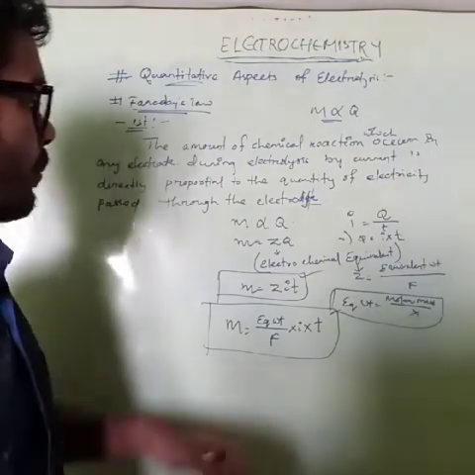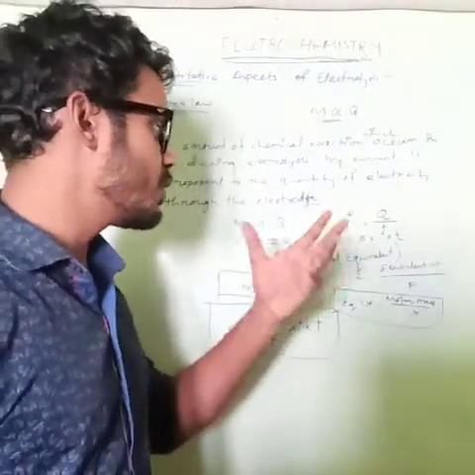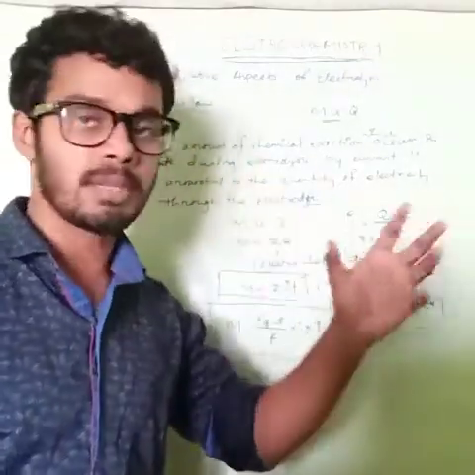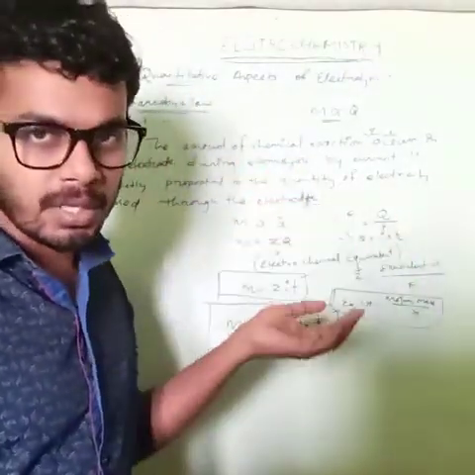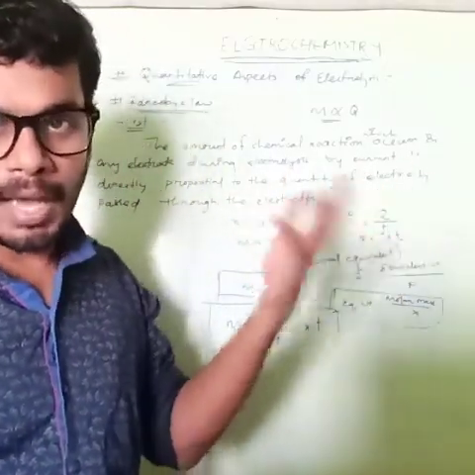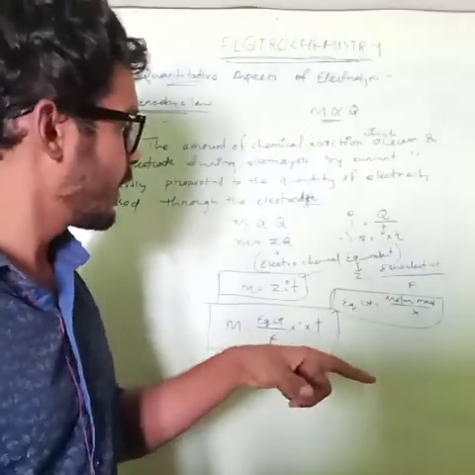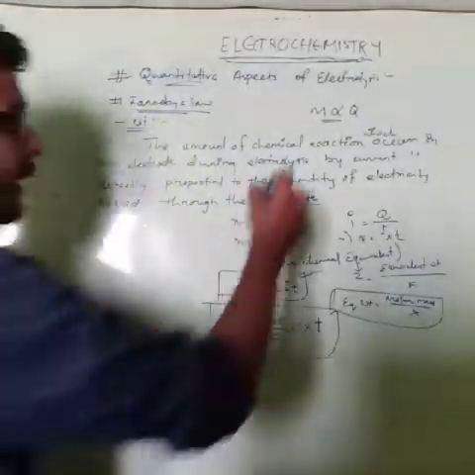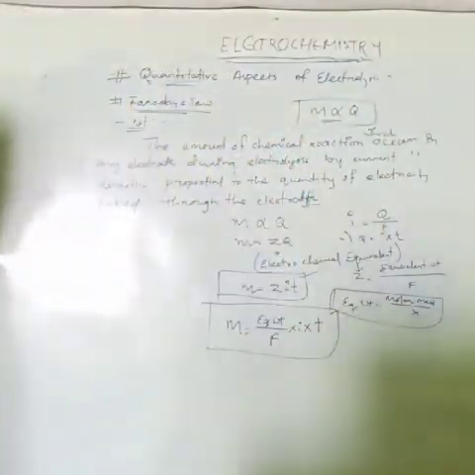Understood? Here the amount is directly proportional to the charge or electricity passed. The more electricity passed, the greater the mass of substance deposited on the electrode. That is what directly proportional means, and that is Faraday's first law. Simply remember this.